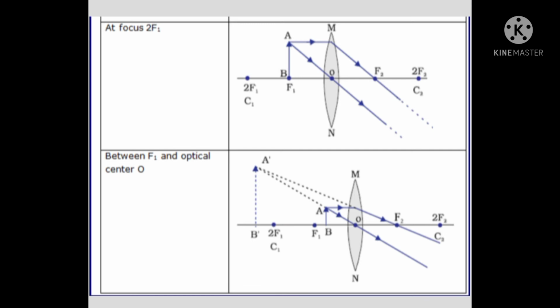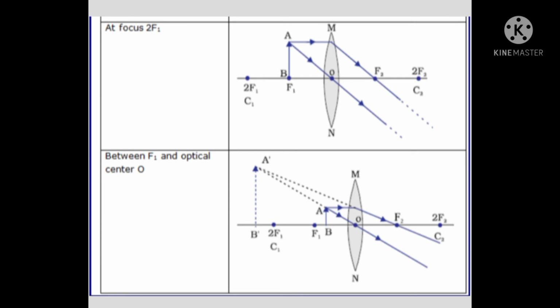In our last case, the object is placed between f1 and the optical center of the lens. Here we can choose a parallel ray, which after refraction passes through f2, and the ray passing through the optical center has no deviation.